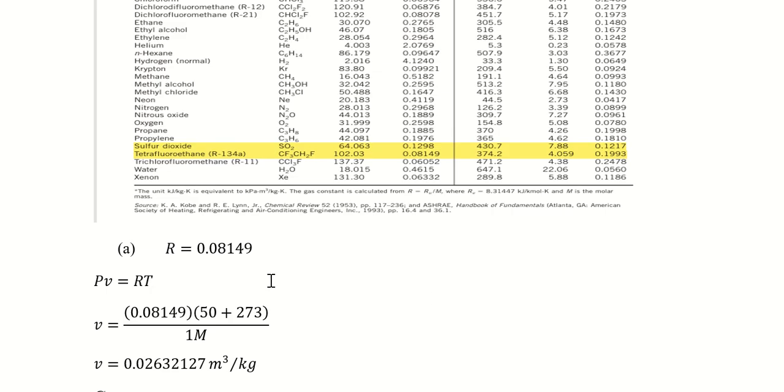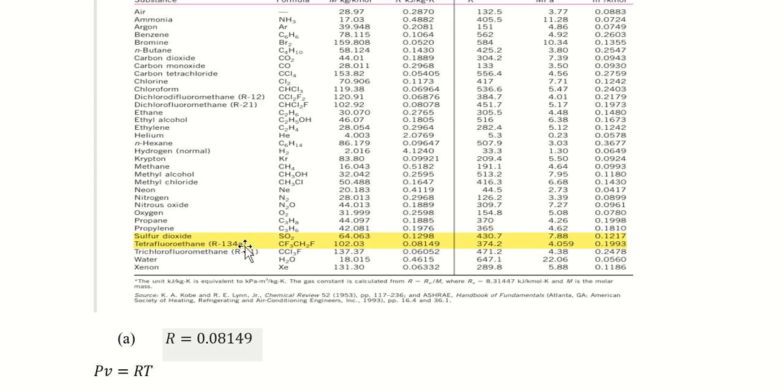Now we're going to extract the information that we have. So you see R is equal to 0.08149. Where did we get that? This is the ideal gas equation. You see we're using pressure, specific volume, the gas constant and the temperature.